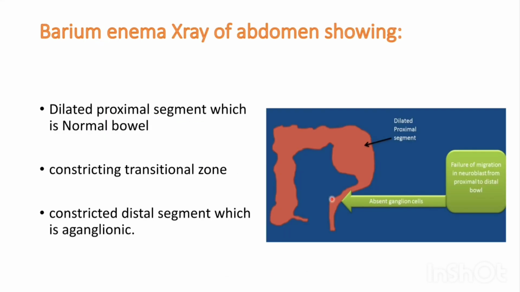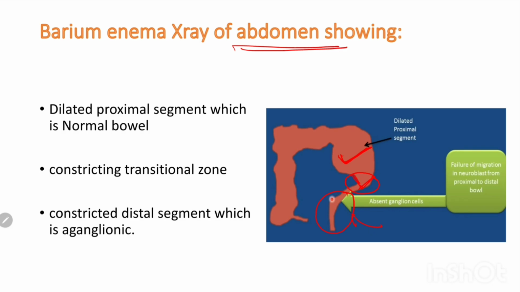If we do barium enema X-ray abdomen of a Hirschsprung disease child, we can find three zones. The most proximal one is the dilated proximal segment. This is the normal gut. Then the second one is the constricting transitional zone. And the third one is the constricted distal segment.